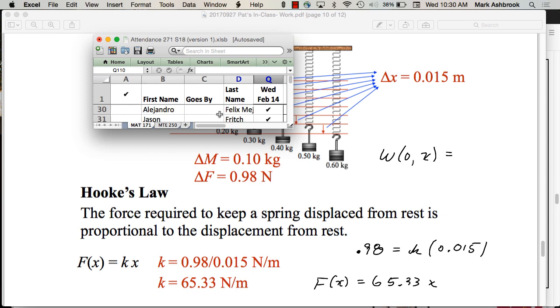Already asked Kellen. Already asked Julie. Already asked Rachel. Okay, this is Hannah. Where's Hannah? Hannah, did you get it? What's the work then required to stretch the spring x meters? Or in other words, what's the accumulated work function for stretching the spring?